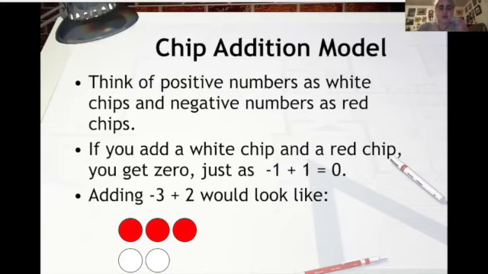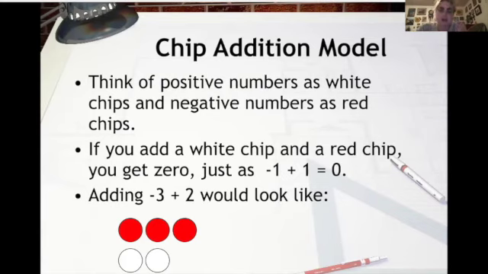All right, our chip addition model. So this is just going to provide a visual for you when we are adding or subtracting negative numbers. So think of positive numbers as white chips and negative numbers as red chips.